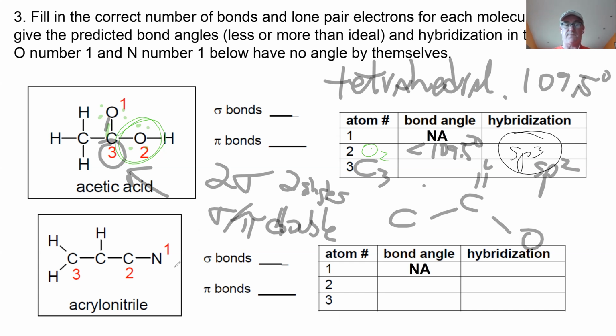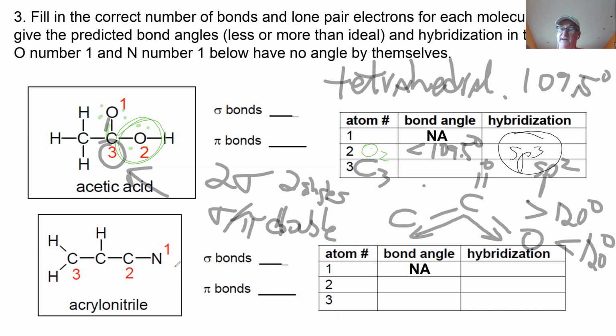So that's the bond angle we're looking at, this one here. Is that going to be more than 120 degrees, or is it going to be less than 120 degrees? More, or like just 120 degrees, since there are no lone pairs.